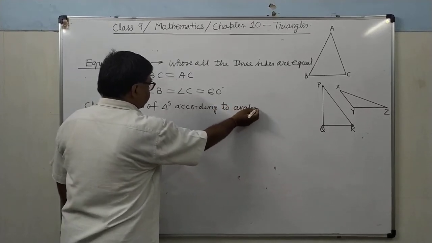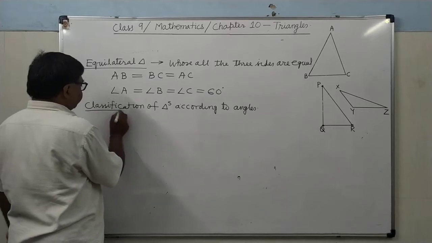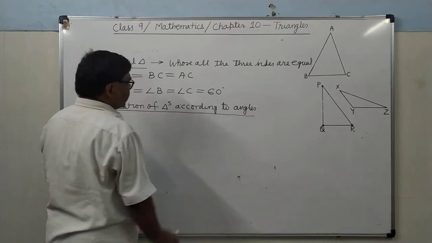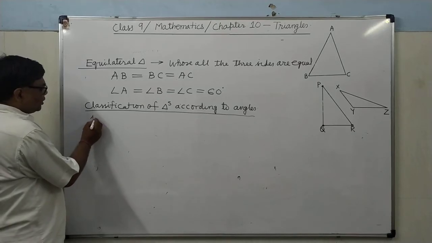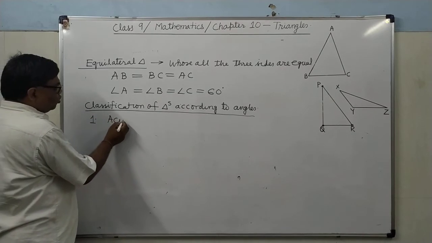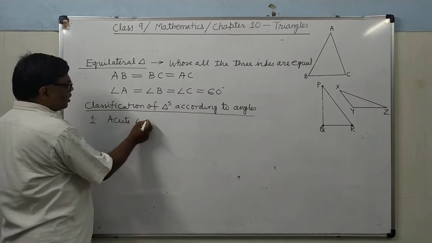There are 3 interior angles, and on the basis of that we can classify the triangles. So one is acute angle triangle.